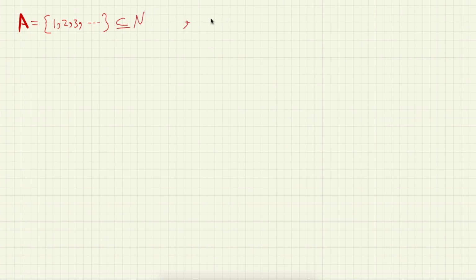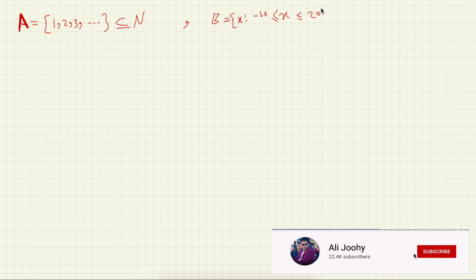We can say, for example, that B is the set of x such that x equals, for example, minus 10 to plus 20, where x belongs to the integers.